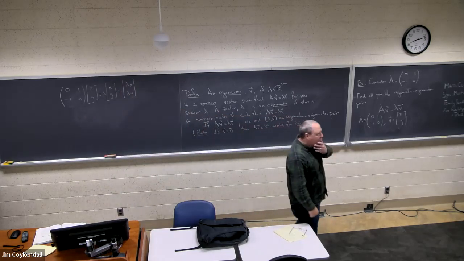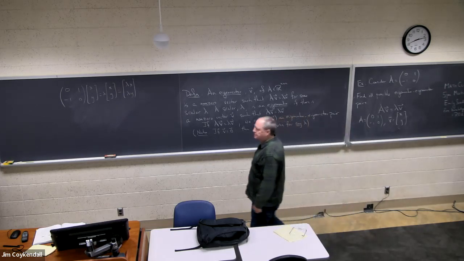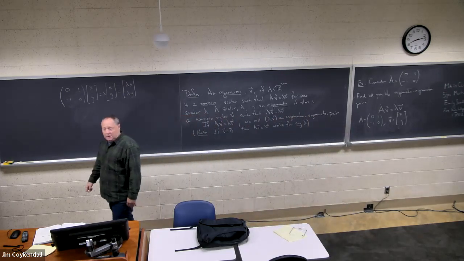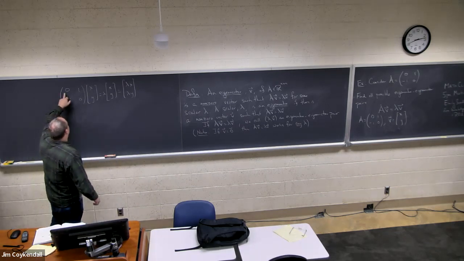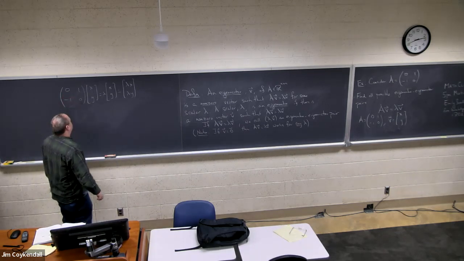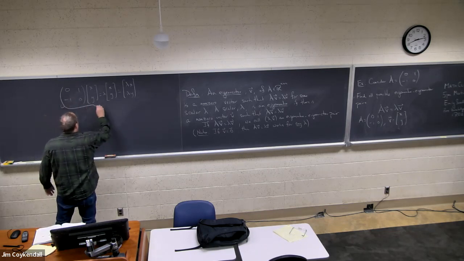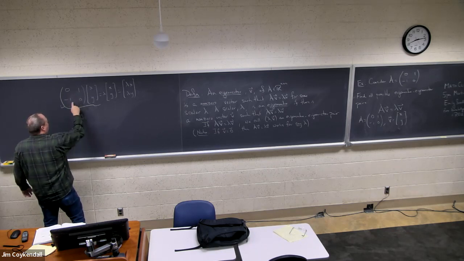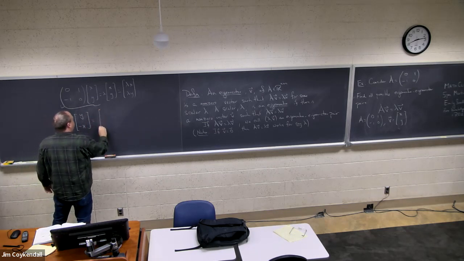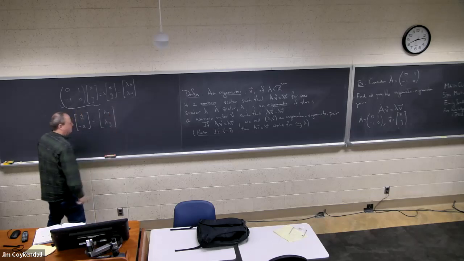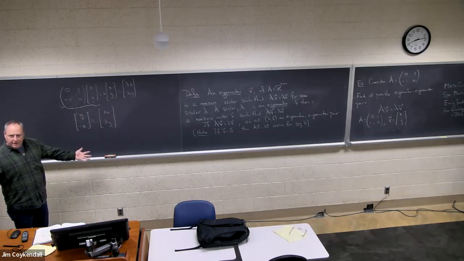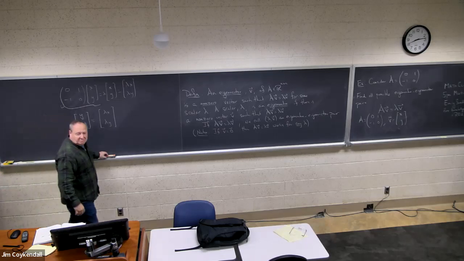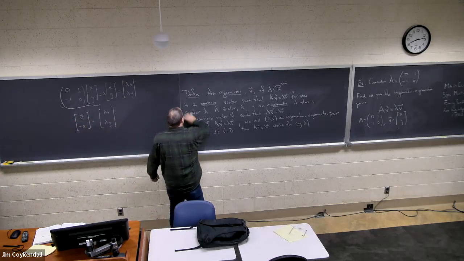Well, I don't know much, but I do know how to multiply this matrix times this vector here. And this is going to be y, minus x. Everybody agree with that?